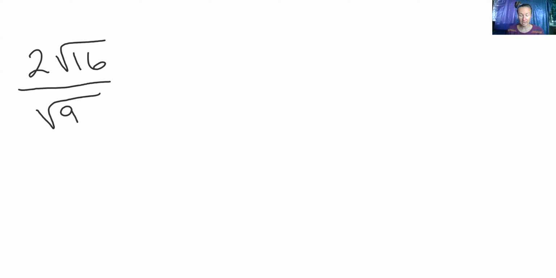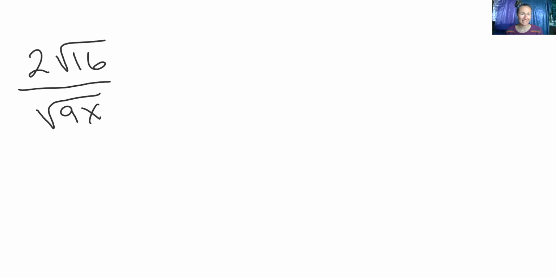So our next example is 2 root 16 over the square root of 9x. If we want to rationalize this denominator, it's going to be a lot easier if we first simplify all our square roots, okay?